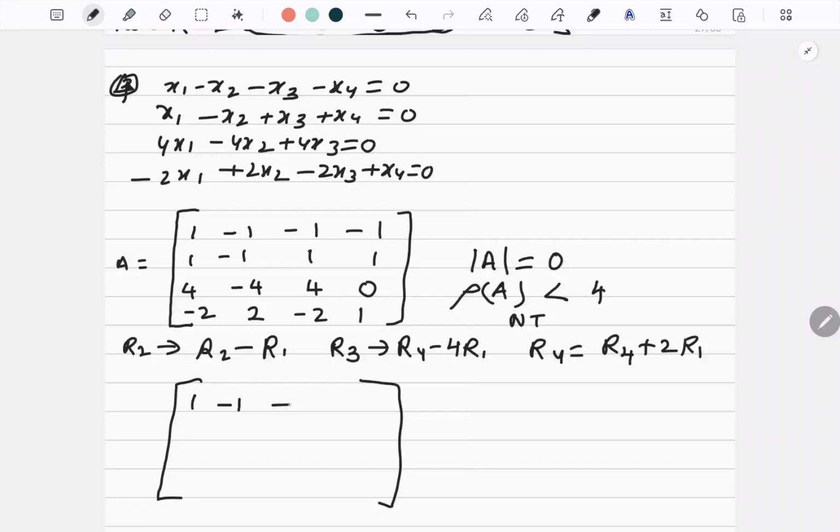1, minus 1, minus 1, minus 1, then 0, 0, 2, 2. Next, 0, then minus 4 minus of minus 4, so 0. 4 plus 4, so 8. 0 minus of, so this will become 4, because we are multiplying the first row by 4.